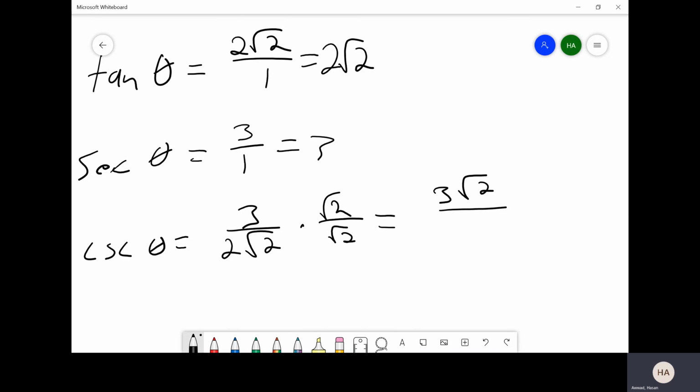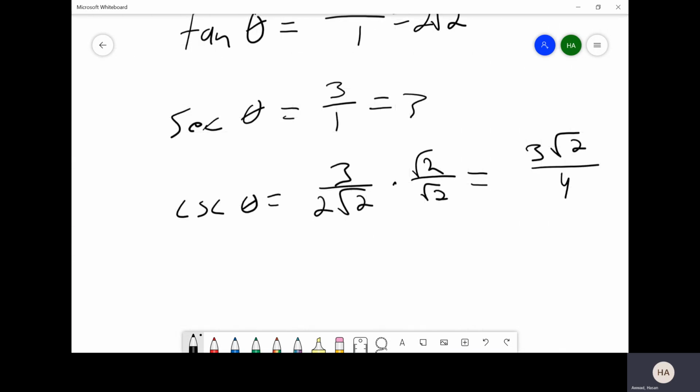And then I'm going to get the first 2, that's still there, right? So that 2 stays there. And then square root of 2 times square root of 2 is square root of 2 squared. So that's 2 times 2 in the bottom now, and 2 times 2 gives me 4. So when I rationalize this, I have 3 times square root of 2 over 4. Okay? So we're done with cosecant.